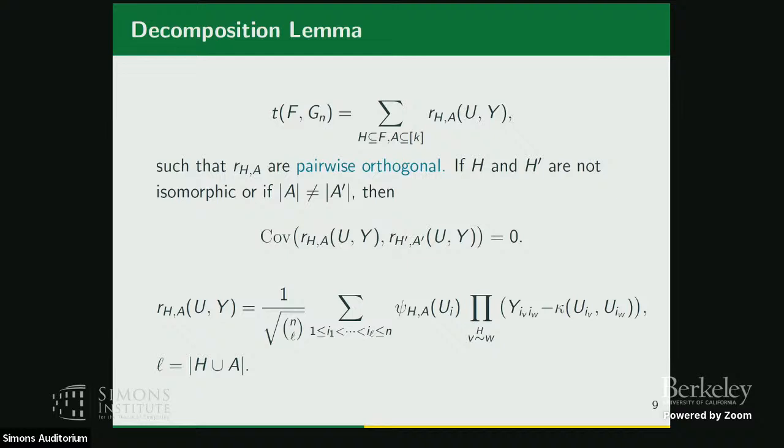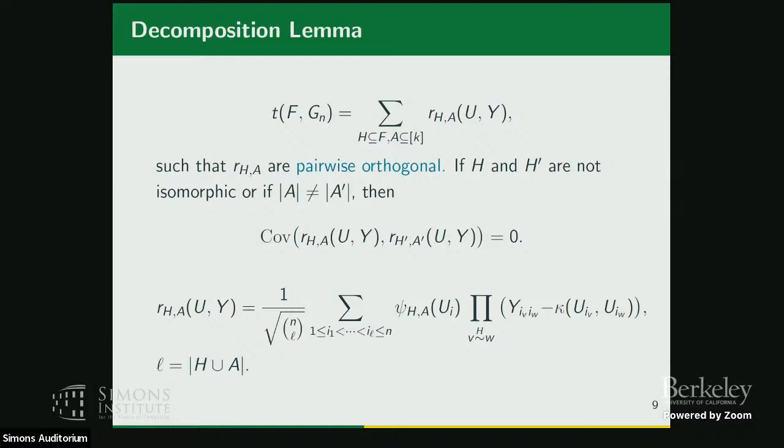But your psi depends on all the U_ij's from J1 up to L? Yes. This is only a function depending on U_I, where I is a vector I1 to IL.